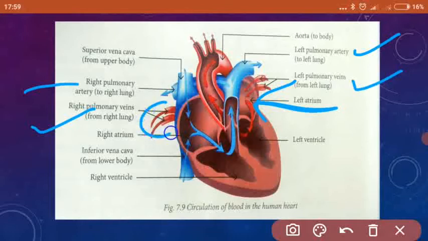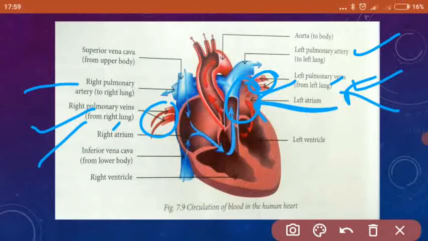Now you can see here that these veins are also shown in red color because these are again exceptions. These are the only veins in our body which carry oxygenated blood. Otherwise, all the veins carry deoxygenated blood, isn't it? So through the right and left pulmonary veins, from the right lung and left lung, the oxygenated blood will enter into the left atrium.